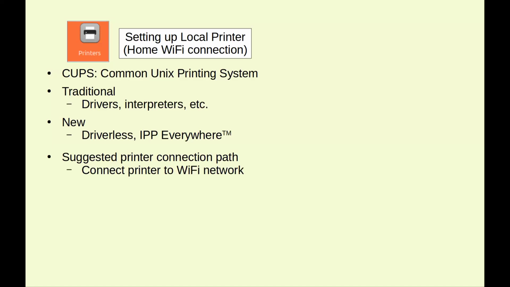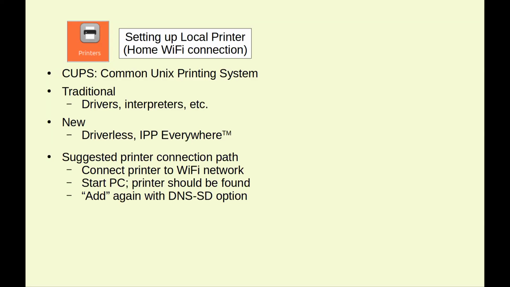First off, for IPP is the internet, so you have to hook your printer to the network, not with a cable. And you start the PC, and the printer should automatically be located. Sometimes, even though it shows up, it may not print.